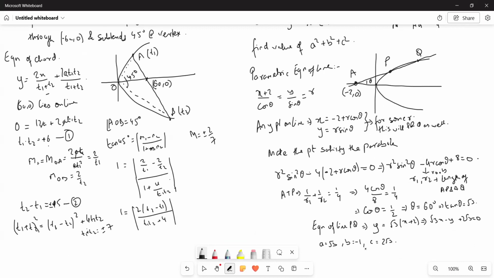So find the value of a square plus b square plus c square. The answer of this would be 16.